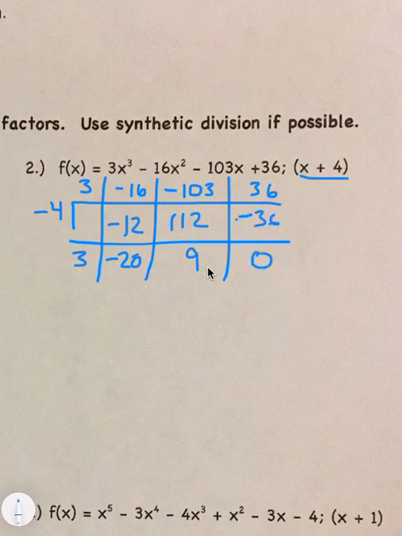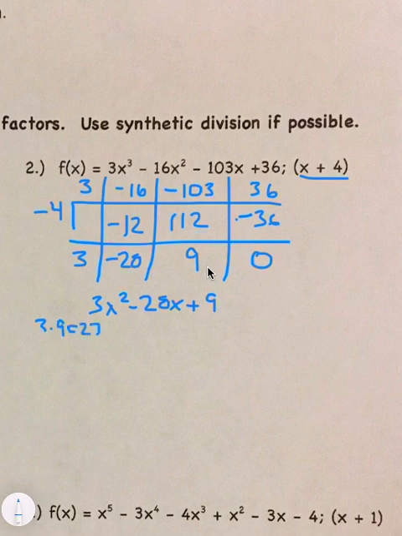Okay, so we have 3x squared minus 28x plus 9, and we need to factor it. Well, A times C means 3 times 9, that's 27. The two numbers, I would say negative 27 and negative 1.